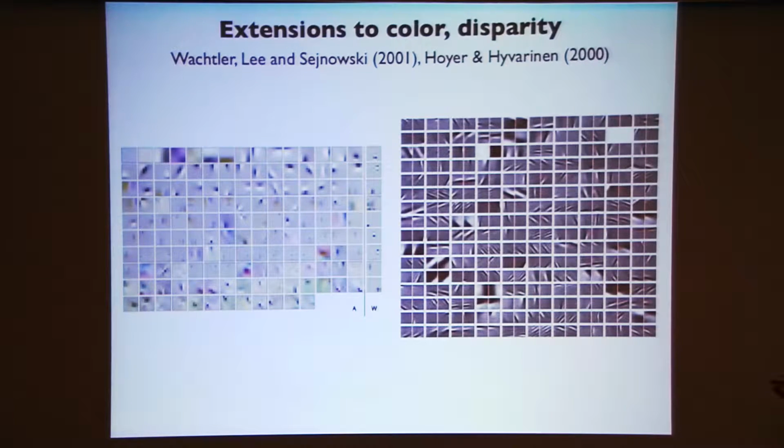What Aapo showed is you learn pairs of Gabor filters, each pair of patches here showing a left and right eye input. They're related by a shift, and different pairs have different shifts to them. But it's not really coding disparity. In order to really code disparity, you have to do something multiplicative in the combination rule.